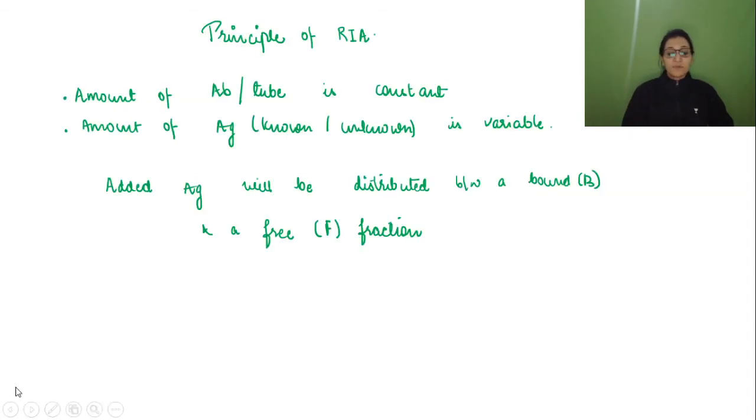This distribution is governed by the association constant, that is Ka, of the antibody. So antibody plus antigen is going to give the antigen antibody complex.